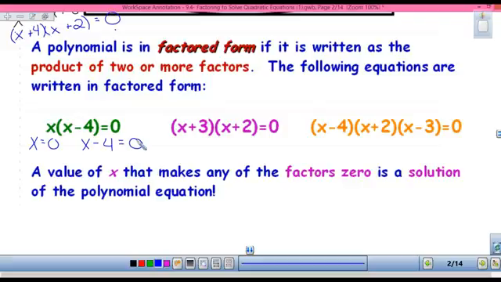Now I just have to solve them. Is this one already solved? Yeah, x equals 0. So that's one of my solutions. My other solution: how do I solve this? Plus 4, and x equals 4. So my solutions to this are x equals 0 and x equals 4.